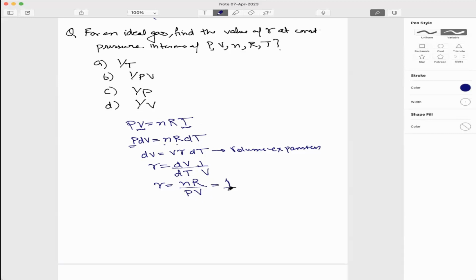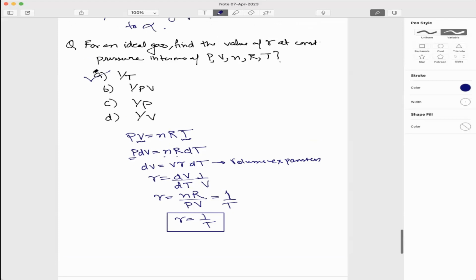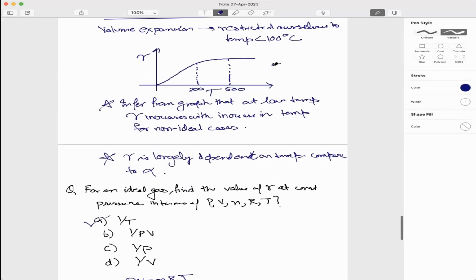So it comes out to be 1 by T. So gamma is nothing but 1 by T for an ideal gas. That means as the temperature increases, the gamma decreases for an ideal gas. So this direct increase in gamma is for solids, not for gases.